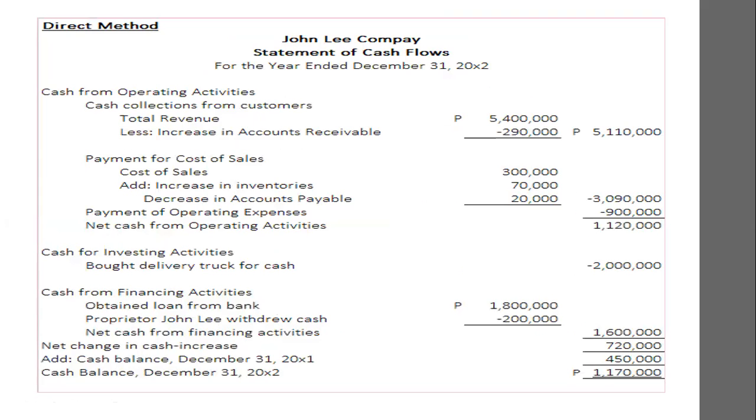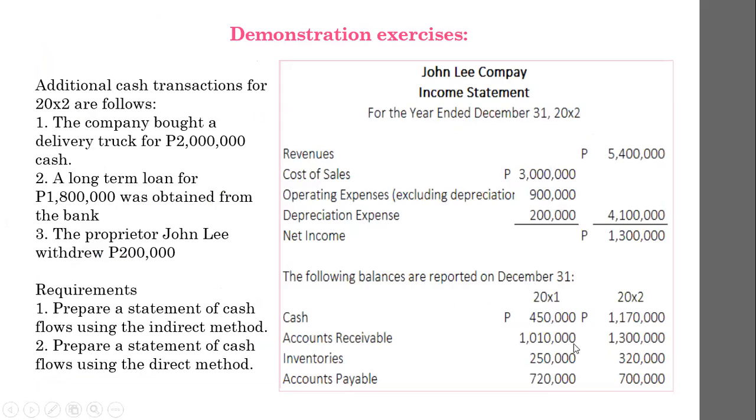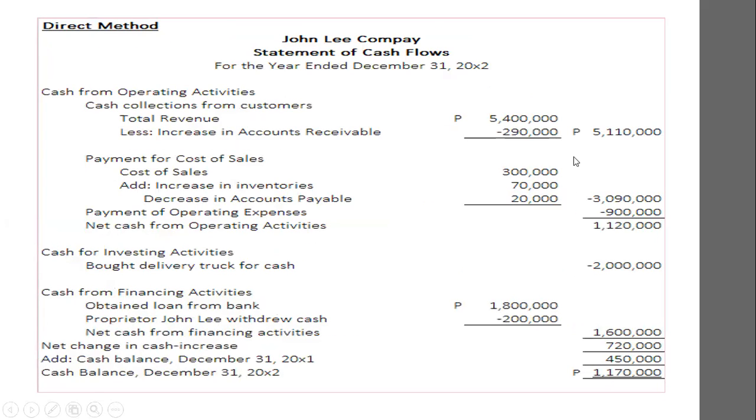Next natin is yung ililess daw po yung increase in accounts receivable na negative 290,000. Dito lang po yan sa accounts receivable. 1,010,000 less 1,300,000, kaya nag-appear yung negative 290,000. Okay? 5.4 less lang po natin yung 290, equals po niyan is 5,110,000.